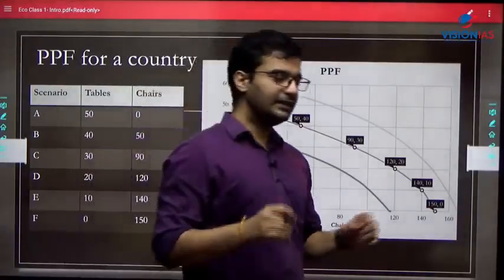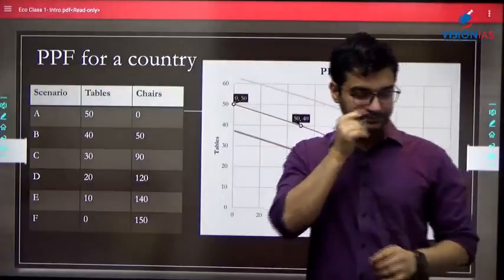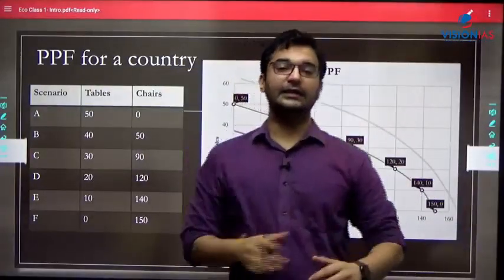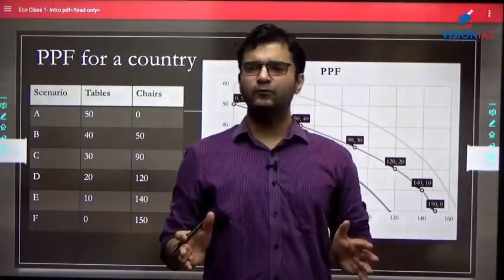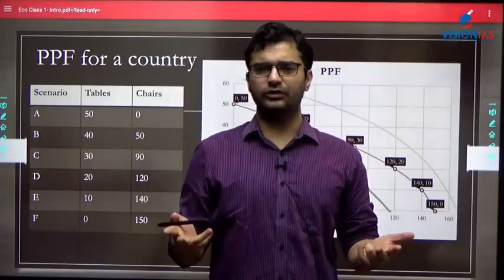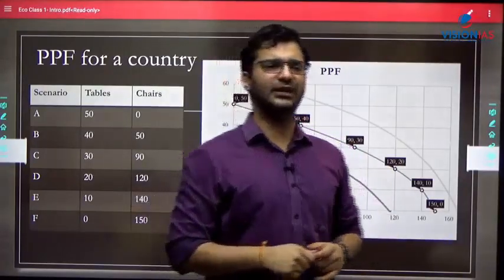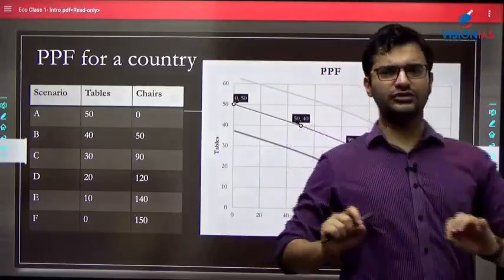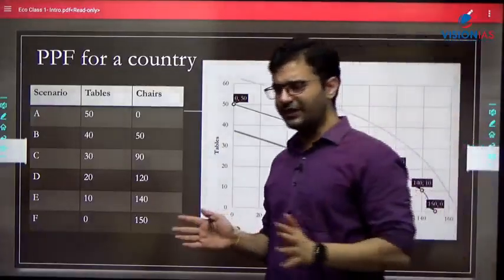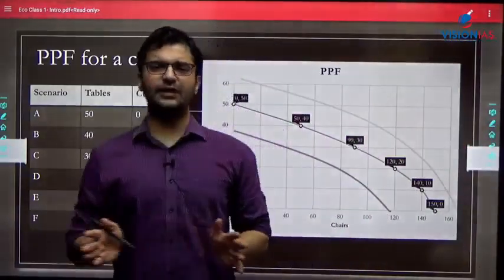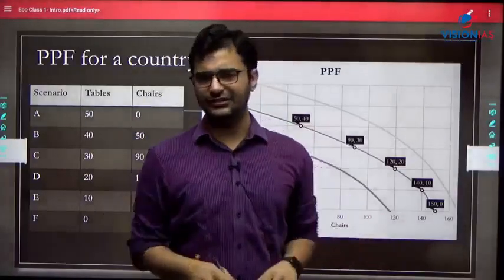Let's say in a country only 2 outputs are produced, let's say tables and chairs. From all its resources, only 2 things are produced. Let's simplify our discussion: only tables and chairs.